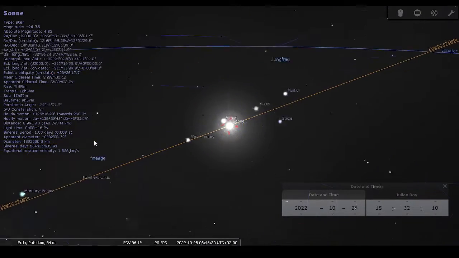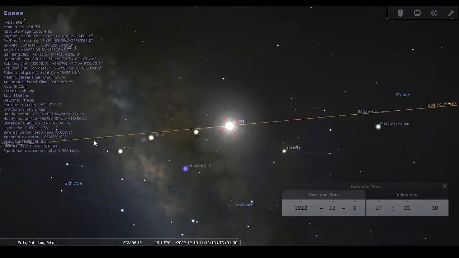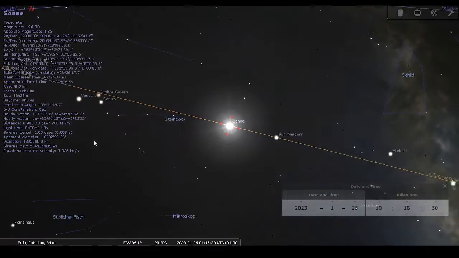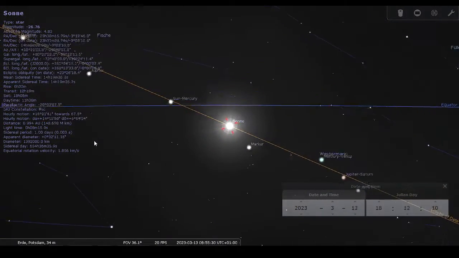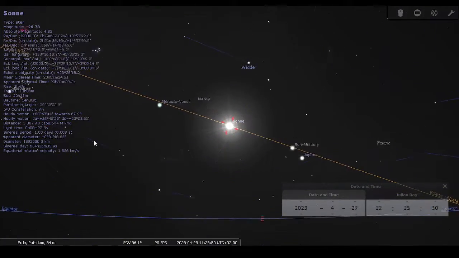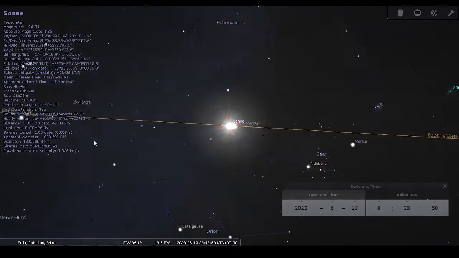So we can see the inner planets, 3 more than usual. Of course, Sun-Mercury is very fast, but Venus is rather slow, but Venus-Earth is even slower, orbiting around the Sun.